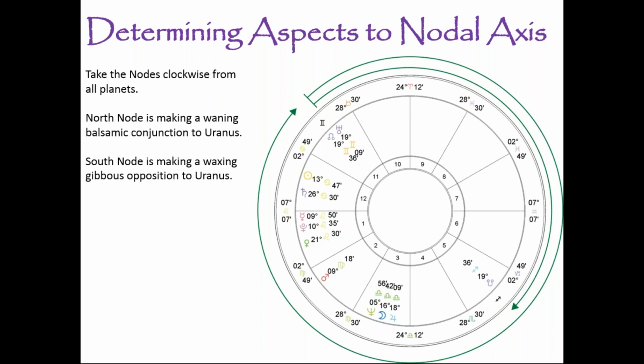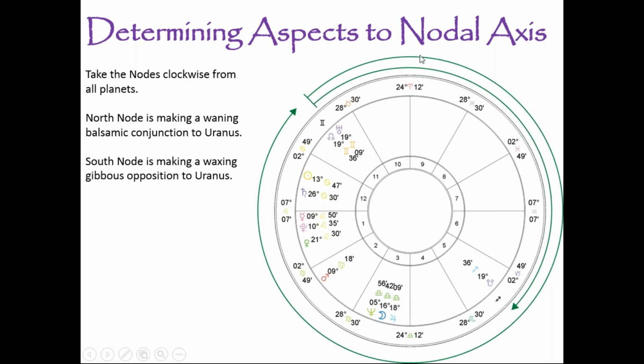In determining aspects to the nodal axis, we start with the planet and we move the nodes clockwise from the planet, because remember, the nodes reverse through the zodiac. They reverse through the houses. Okay, now in this example here, we're looking at Uranus and the nodes. So we can start with Uranus and its relationship with the north node.